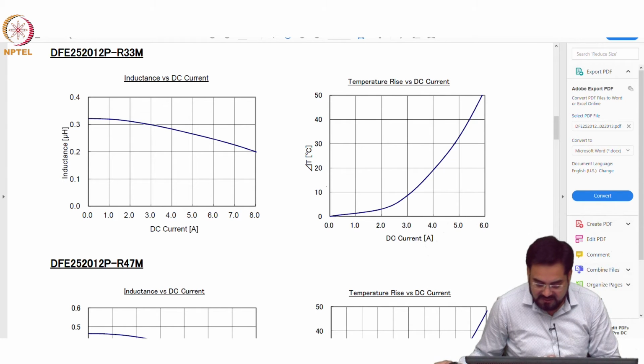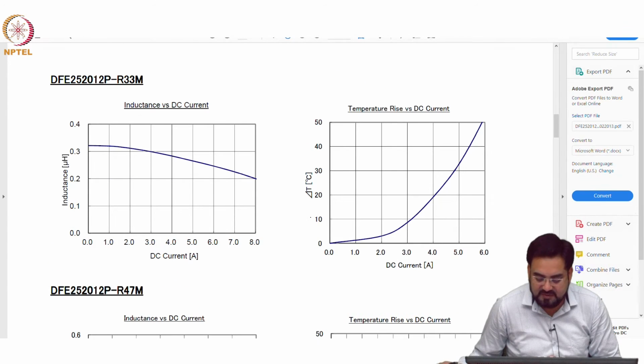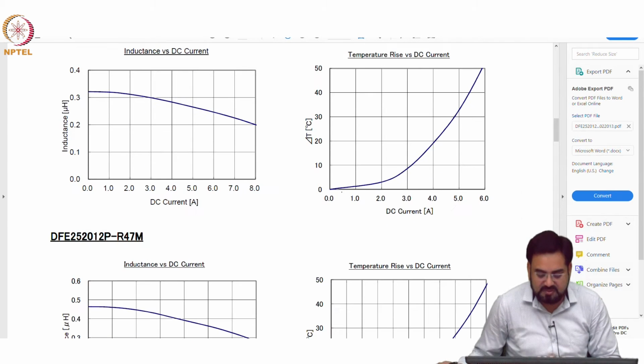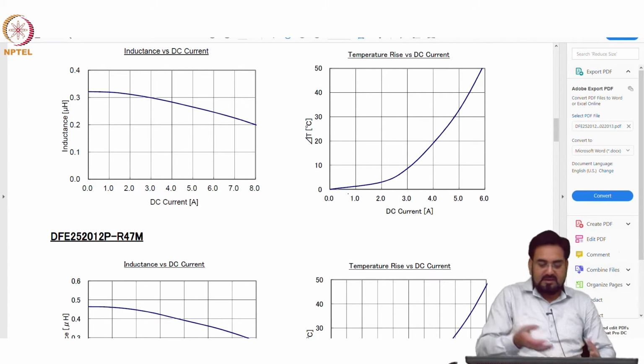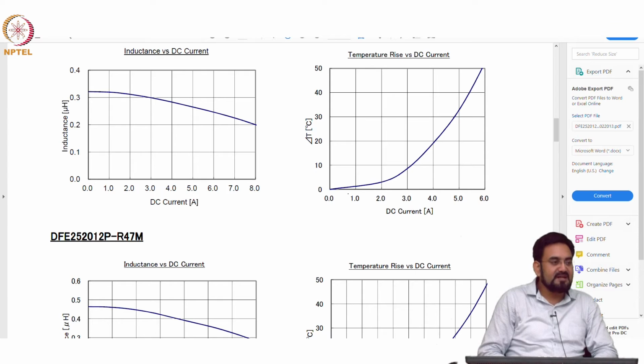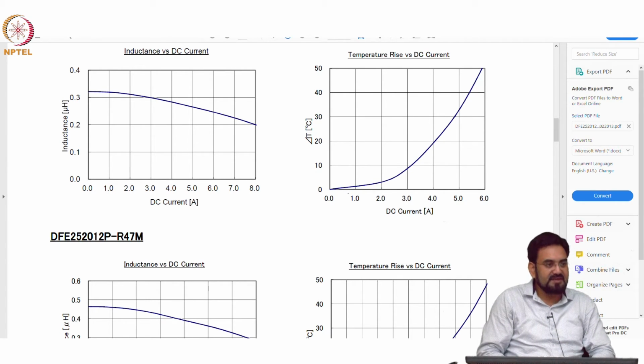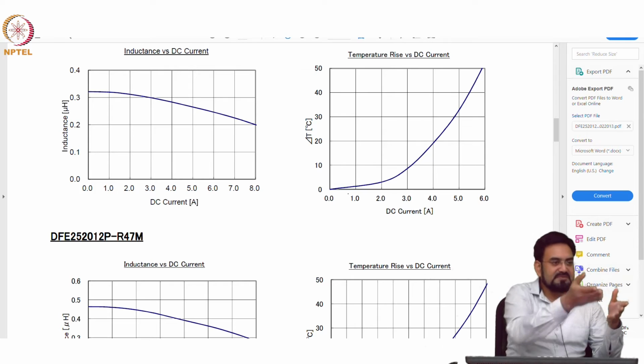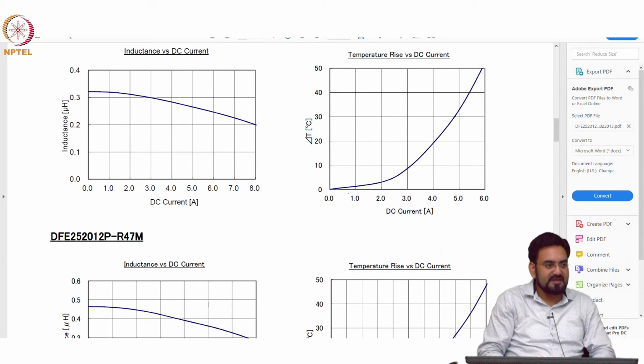So when it reaches 40 degrees rise, okay, and if you look at any spec, the reason we choose a 40-degree rise is because most of these materials are defined to handle a maximum temperature of 125 degrees C. And if you take any data sheet of any product, you will see the maximum ambient temperature they define is 85 degrees also.